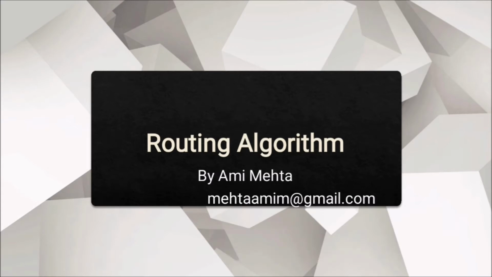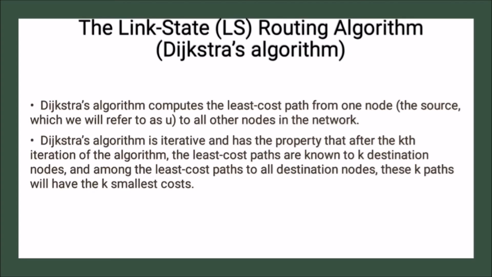Basically, a router uses a routing algorithm for sending a packet from source to destination, and this algorithm chooses which path is better to send the packets. Let us discuss the first algorithm, which is the link state routing algorithm, and we can also call it Dijkstra's algorithm.